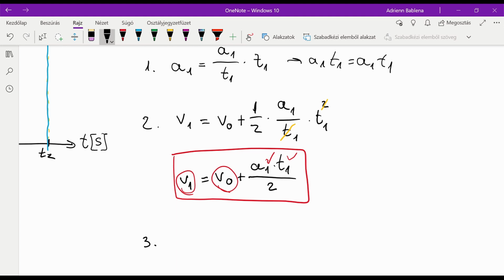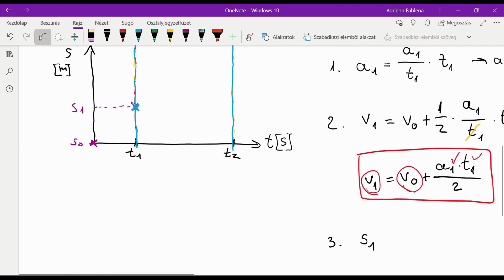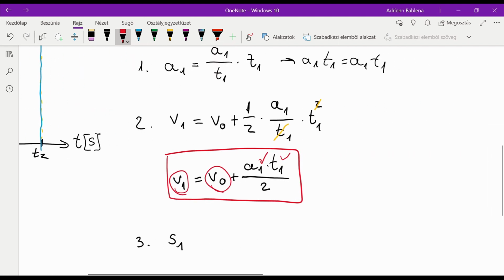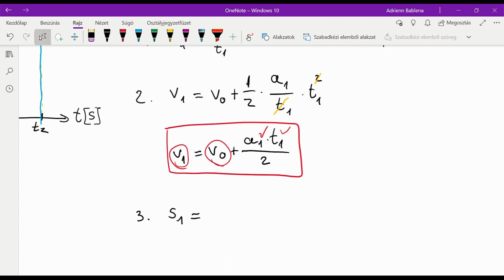Third equation with concrete parameters. S1, same game again. At t1 our displacement reaches some value, s1. Our s0 was 0, so I don't write the s0.